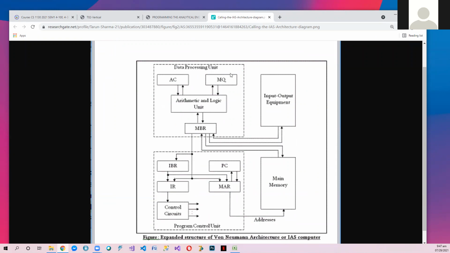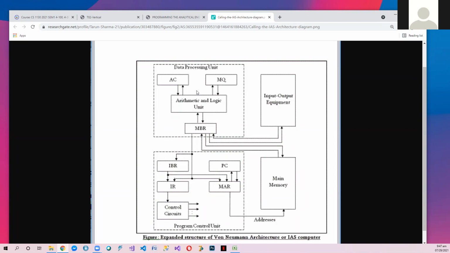So instead of 1 mill, it now has 2 units. There's an arithmetic logic unit and there's a program control unit. The 2 units are designated by the dotted lines. In Charles Babbage, this is converged into one.